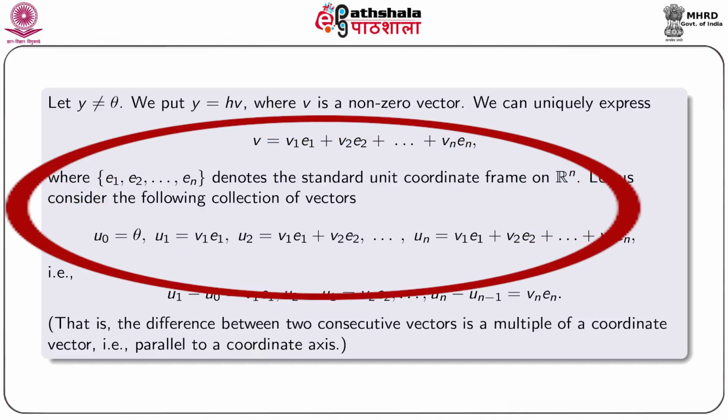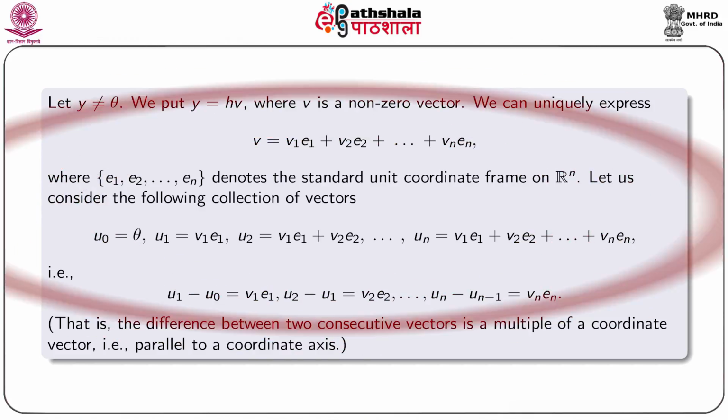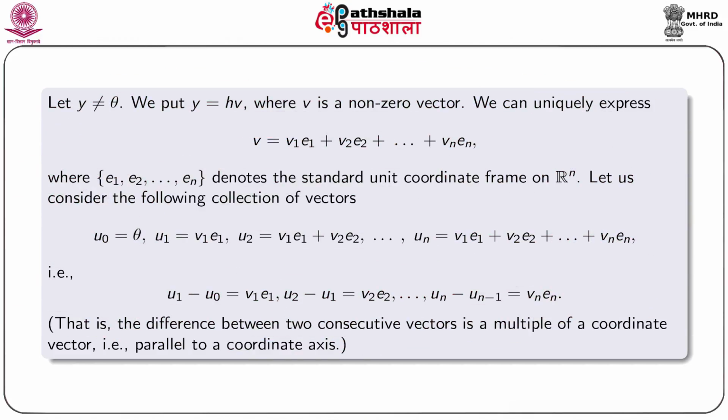Now, we consider the following collection of n plus 1 many vectors. U 0 is the 0 vector, U 1 is v 1 e 1, U 2 is v 1 e 1 plus v 2 e 2, that is U 1 plus v 2 e 2. Going in this manner, the last one, U n, equals v 1 e 1 plus v 2 e 2 plus up to v n e n, that is U n is U n minus 1 plus v n e n.